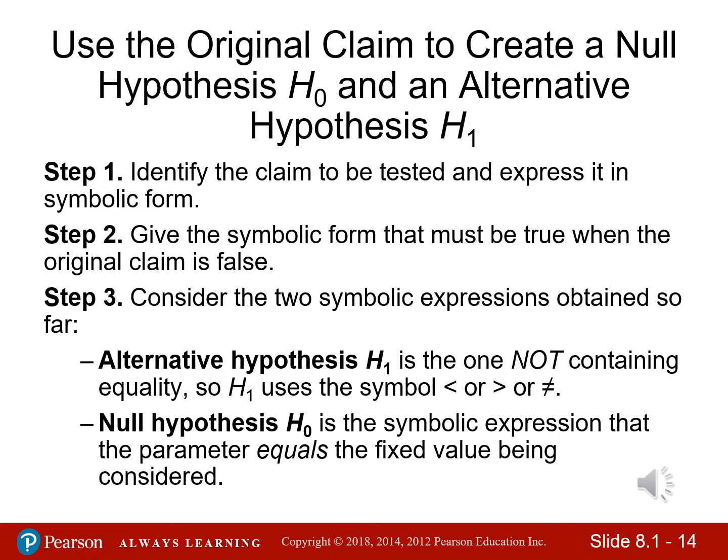We have the alternative hypothesis H1, and it is the one not containing the equality. So H1 uses the symbol less than, or greater than, or not equal to. The null hypothesis is the symbolic expression that the parameter equals the fixed value being considered.